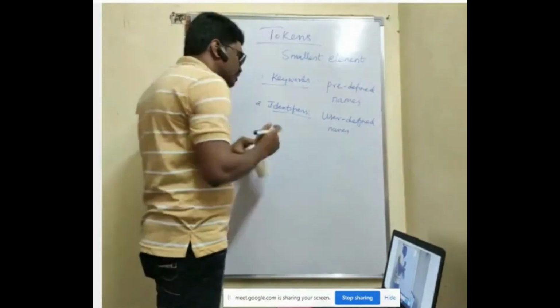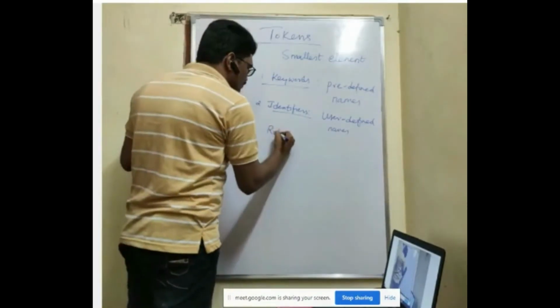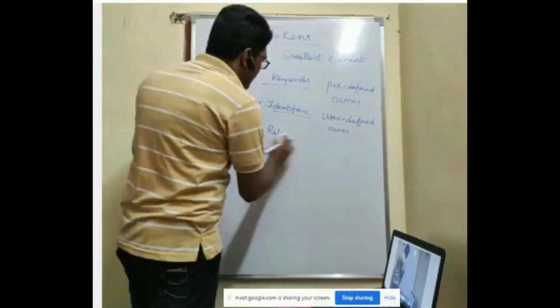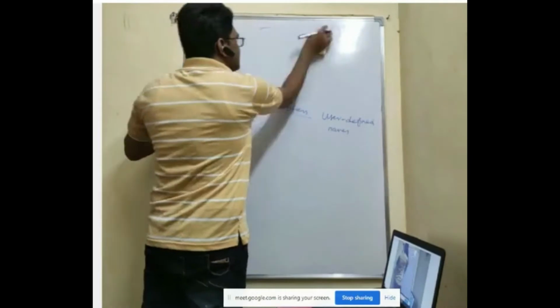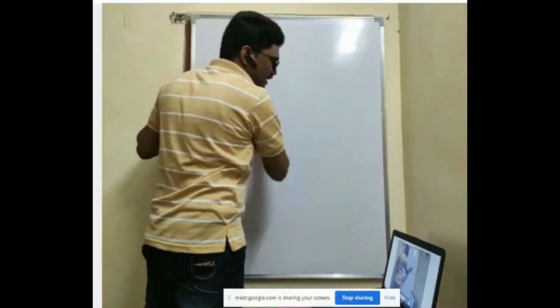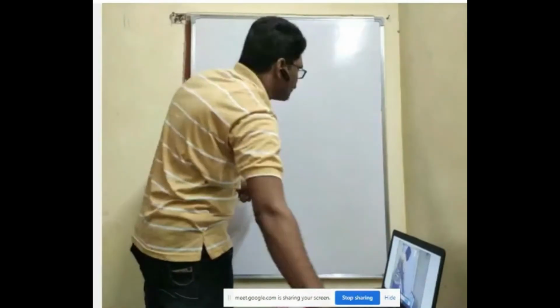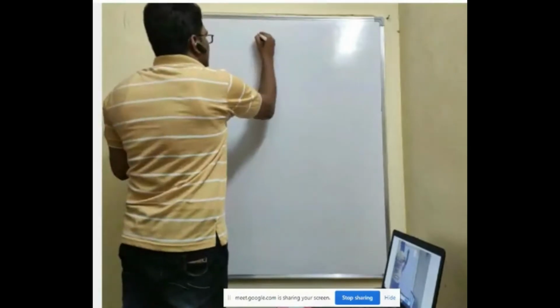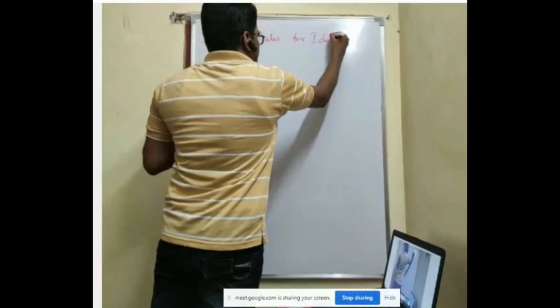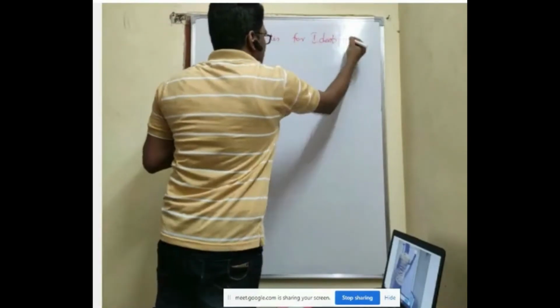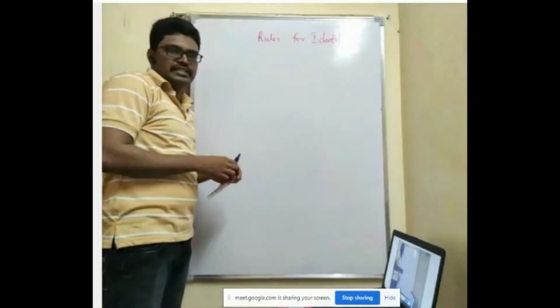The very important thing is, there are some rules for identifiers. I cannot define as I like. These are very important rules, and these are the areas where normally everyone will make mistakes.